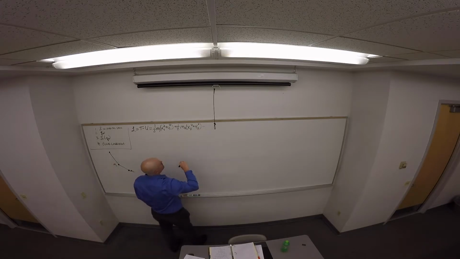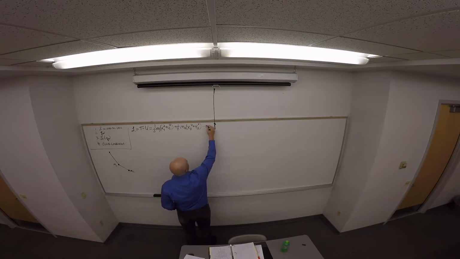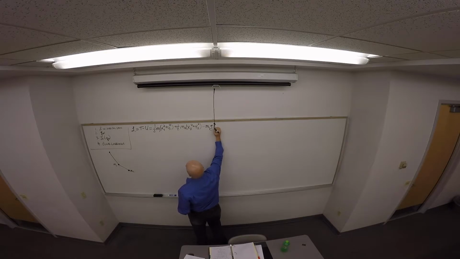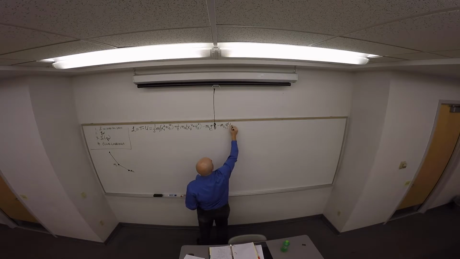Minus, we are in a gravitational field, so this is going to be m1 g y1, and then minus m2 g (y2 minus y naught) or something.